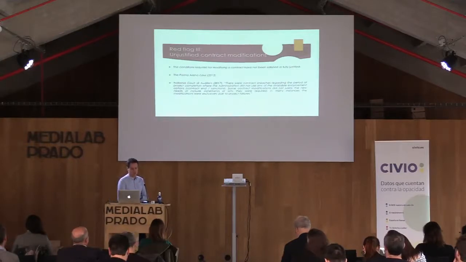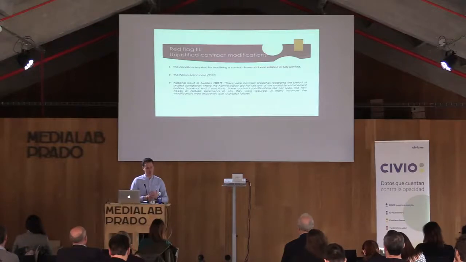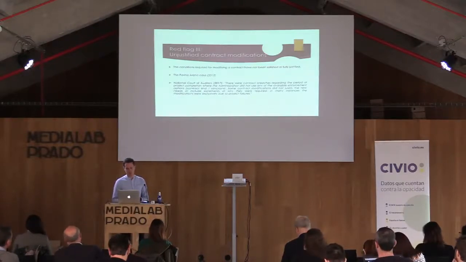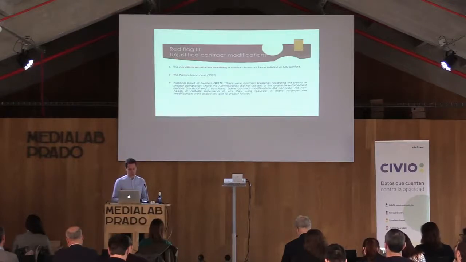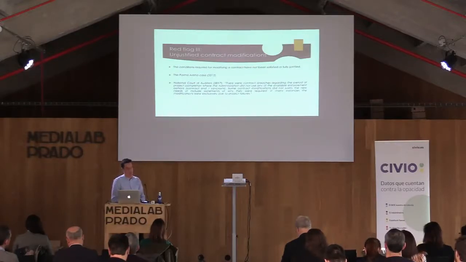Daniel has been talking about contract modifications after the award. That is a very common practice in Spain as well. Especially the Palmarena case, which was on the news this morning, because the government contracted the building of a velodrome for 45 million euros that ended up costing 90 million euros, which is almost double the price.